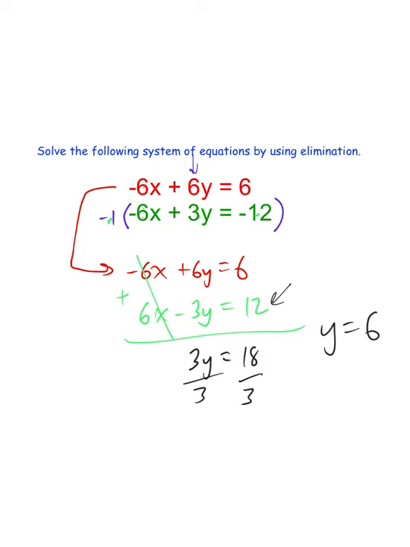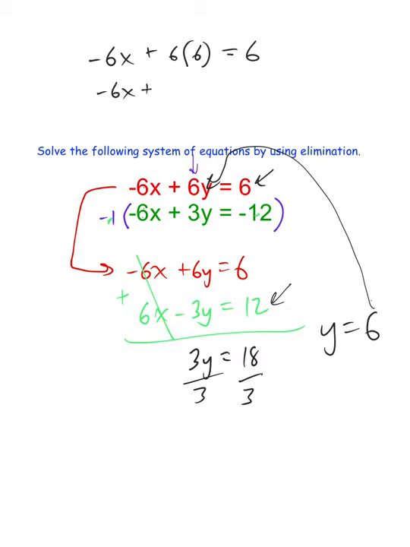So let's just put it back into the top one that we didn't mess with at all. Again, we're taking the 6 and putting it in for the y there. So we've got -6x plus 6 times 6 equals 6. A lot of 6's there. So -6x plus 36 equals 6.